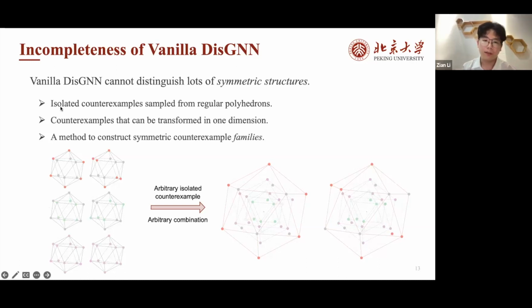For each isolated counterexample, we get 3 versions, and we can do an arbitrary combination of the 3 versions to get a new pair of geometric graphs. We proved that this pair of geometric graphs is still a counterexample. Here by arbitrary combination we mean we can get an arbitrary number of graphs, arbitrary versions, and arbitrary size. So it's really a big family.